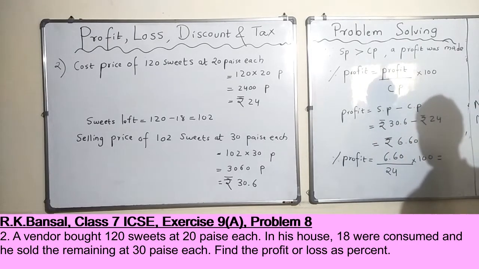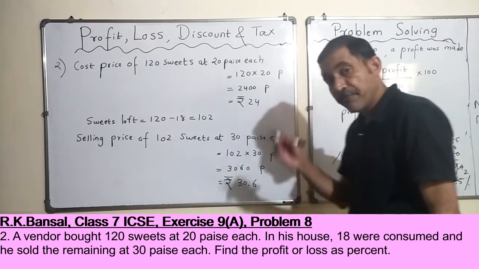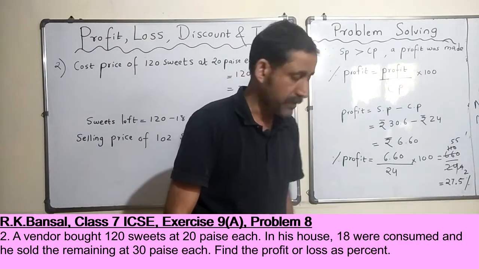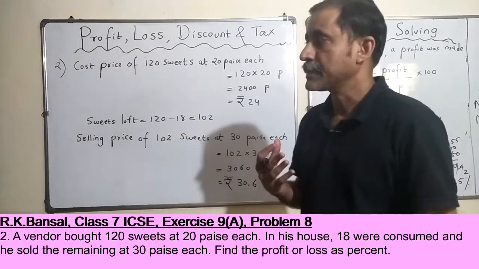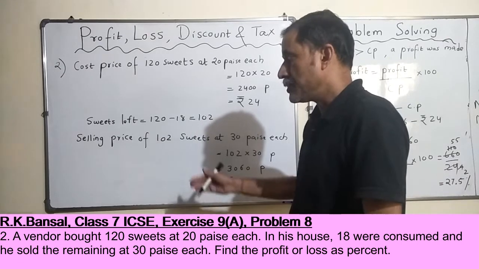So how much is this? 660 by 24, and it comes out to 27.5%. Okay, so the profit percentage in this case is 27.5%, right?